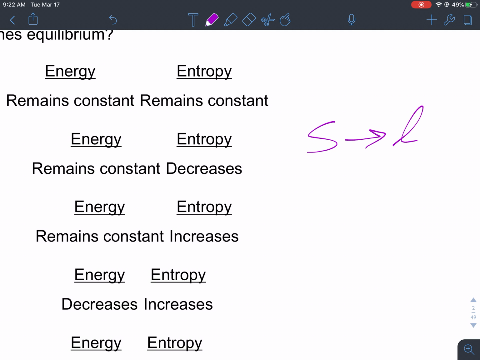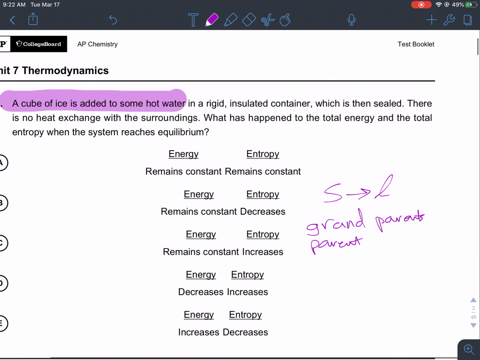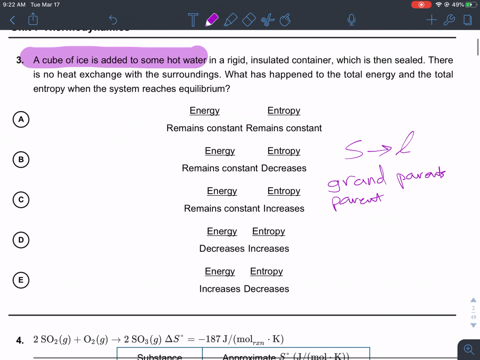So you have grandparents becoming parents, right? I always say, solids are like grandparents. Liquids are like parents. So you have grandparents becoming parents. So you have more disorder. That means your entropy, you went from solid to liquid, your entropy has increased.